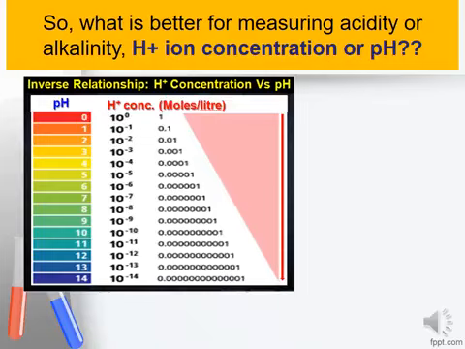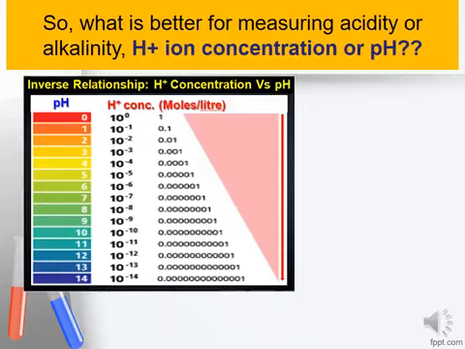What is the relation of pH or pOH? It is a logarithmic relation. When I convert these decimals to whole numbers, 0.1 is 10 to the power negative 1, 0.01 is 10 to the power negative 2, and 0.001 is 10 to the power negative 3.